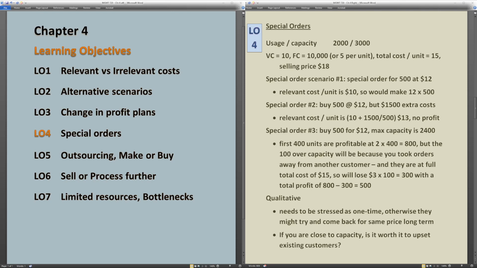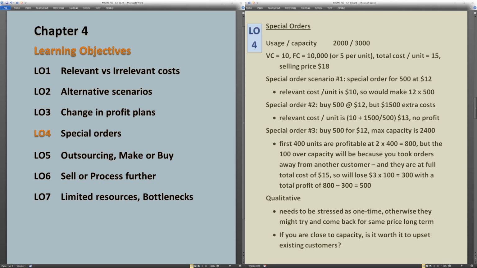We end up shorting some other customer, or maybe there's a new customer that we just choose to give their capacity to the special order. Now think about what that means. That 100 from the previous customer, their costs were carrying the fixed costs, right? So if we had to steal 100 out of that previous normal production of 2,000 units, well, those were already built in as costs of $15 because they were supporting the fixed costs.